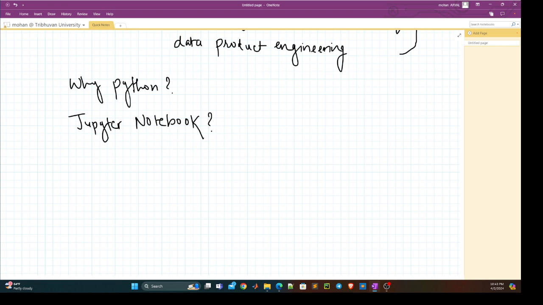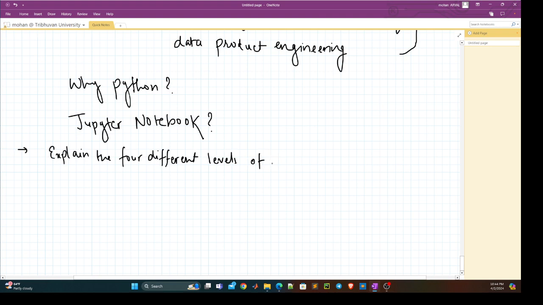And there are 4 types of data, right? There are 4 different levels of data, and here we are going to explain the 4 different levels of data, right?